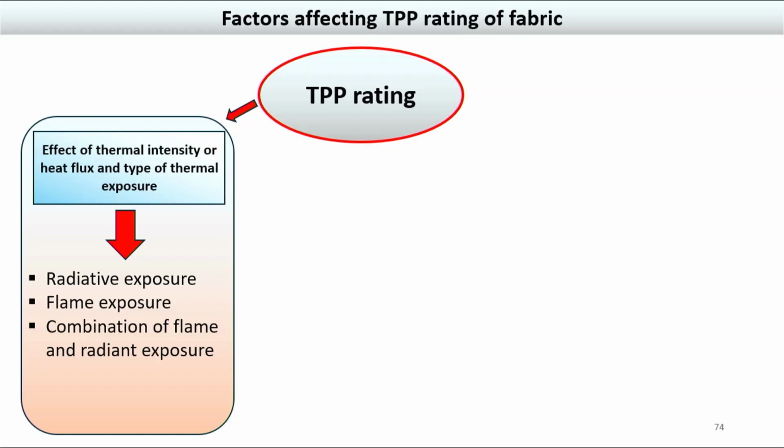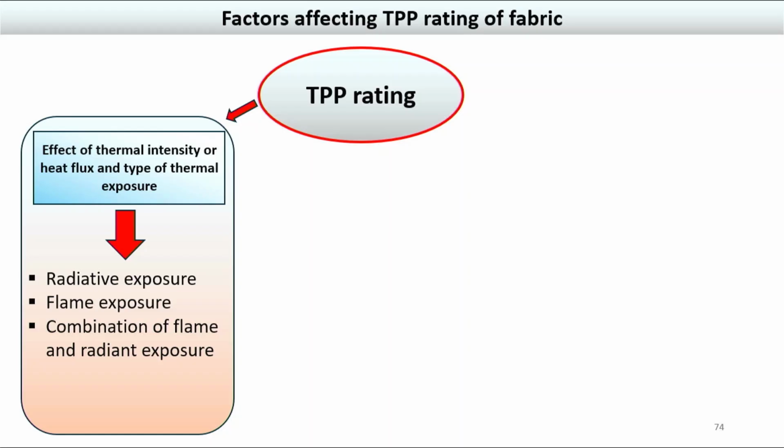So, that is how the TPP rating changes. If we increase the thermal exposure, that will change the TPP rating of a particular fabric, whether it is a radiative exposure, or a convective or flame exposure, or a combination.